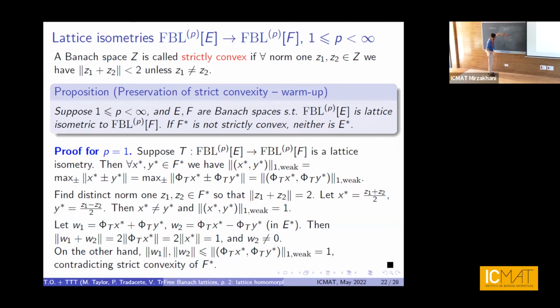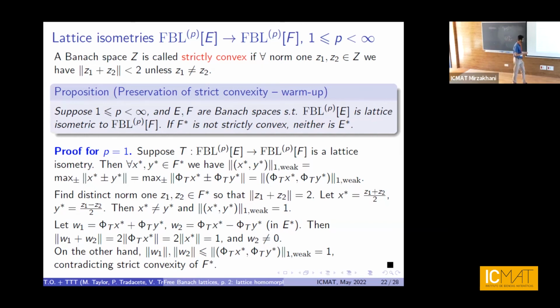Of course, the average of these two orange vectors has norm equal to 1. So what does this mean? It means that those two endpoints of these two orange vectors sit on the unit sphere of E star, and therefore this line segment also sits entirely on the unit sphere of E star.